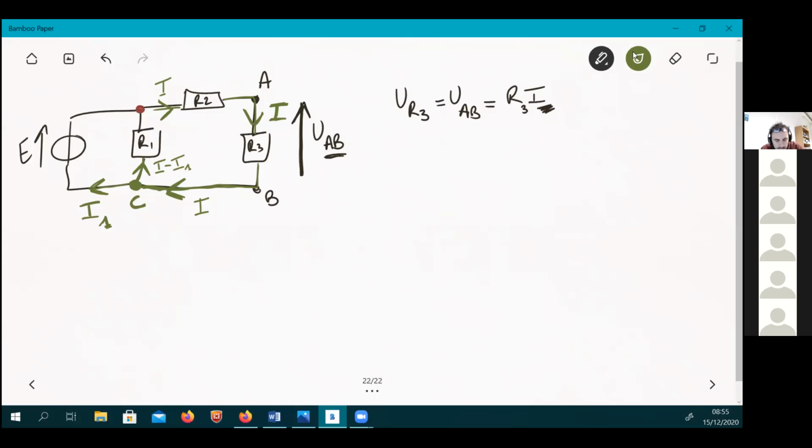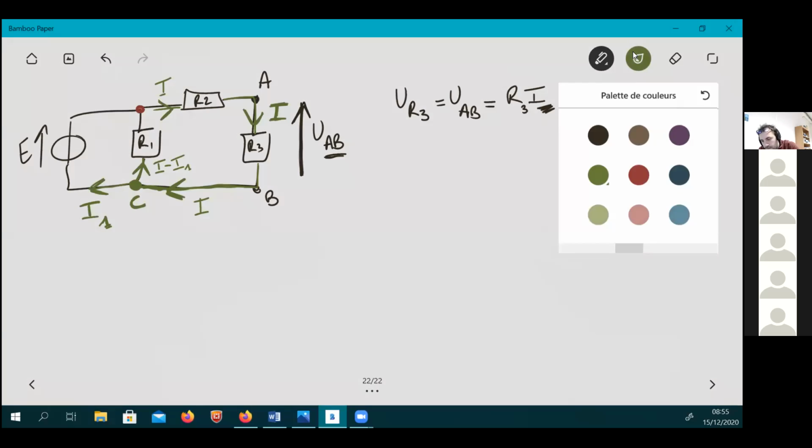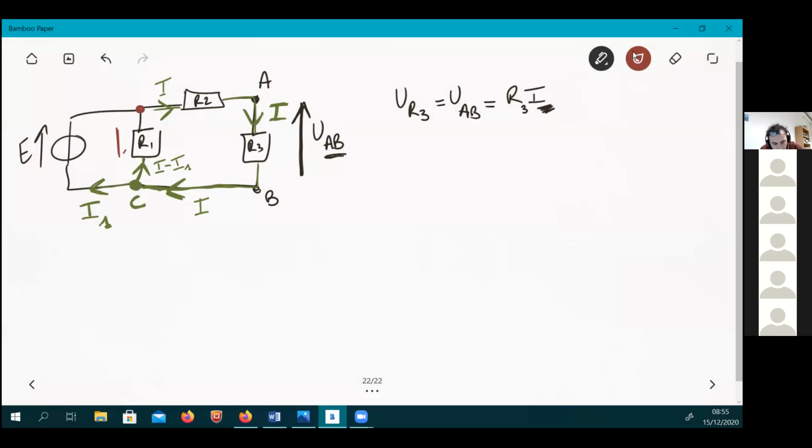Okay, so now currents are labeled. Let's go for voltages. This voltage UAB is already labeled. I'm gonna label all other voltages in the receptor convention. Again, this is your pick. If you want to use a generator convention, this is fine.